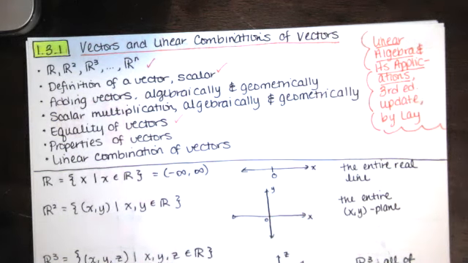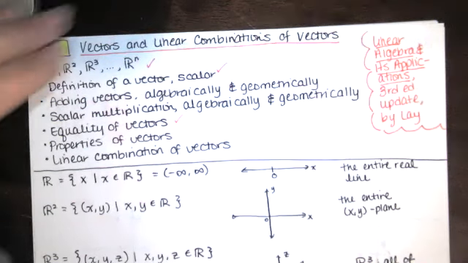Then we'll talk about what it means to form a linear combination of vectors. And this is a lot of repetition from the vector videos at the very beginning of my Calculus 3 playlist. But we're adding all these extra layers of interpretation to be consistent with the author of the Lay textbook.